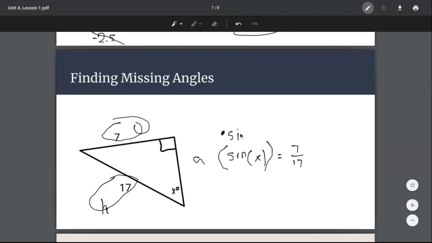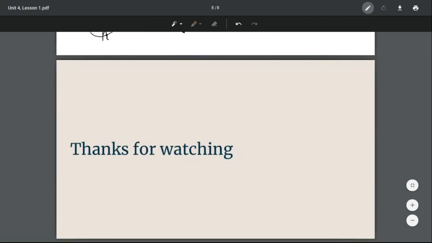So if it happened to be tangent, you do that, or if it was cosine, but this time it's sine, so we do that. But remember, whenever we're doing our algebra, you always have to do the same thing to both sides. So also sine to the negative one for this one. Okay, then you would solve from there. Once again, can't do that. But that is it.